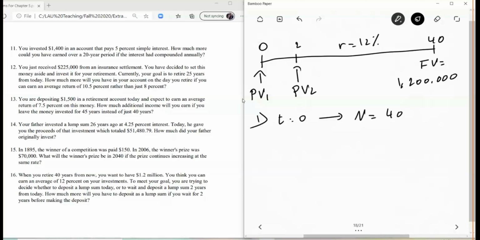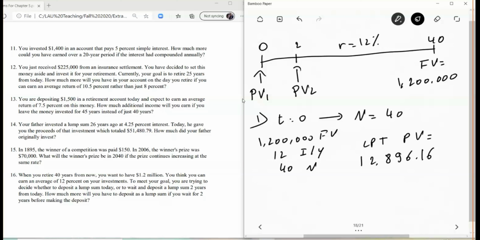So now I solve. 1.2 million is FV. I have 12 as IY. 40 is N. I compute PV. In this case, I'm getting 12,896.16.